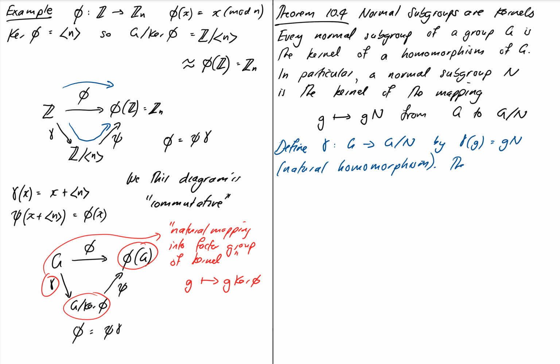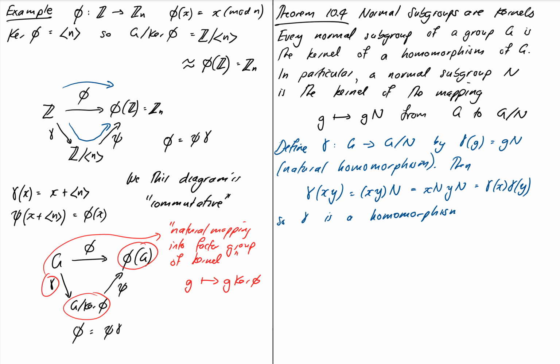Then gamma of xy is equal to xyN, which equals xN yN, which equals gamma of x times gamma of y. So gamma is definitely a homomorphism because it preserves the group operation.